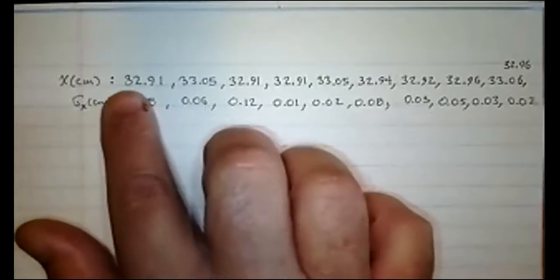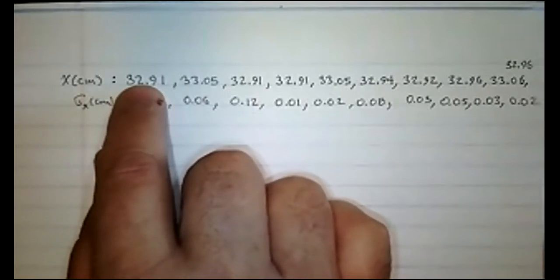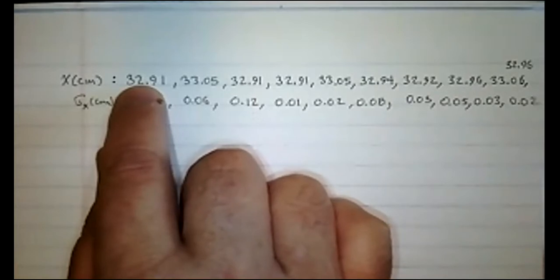So that would be pretty straightforward. If I didn't have this data down here, which we're ignoring for right now, I would just say, okay, my most likely estimate of X should really be the average or the mean of all these values.